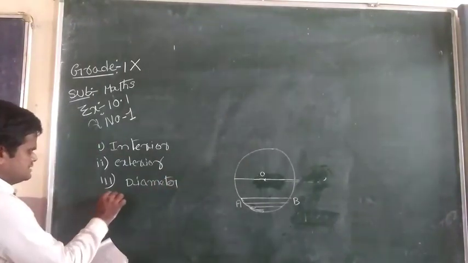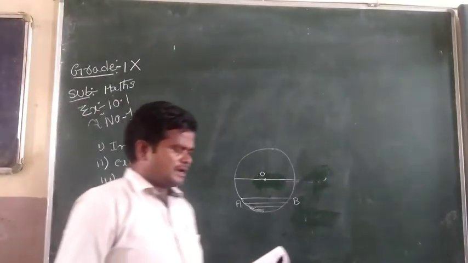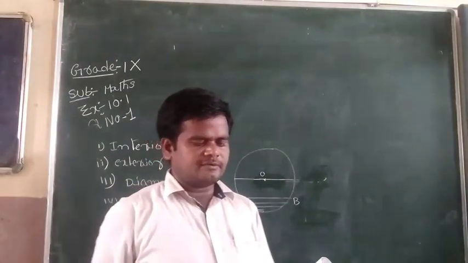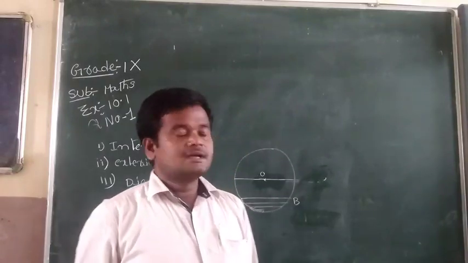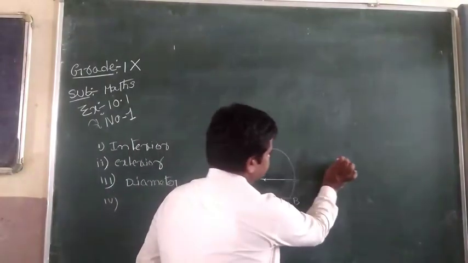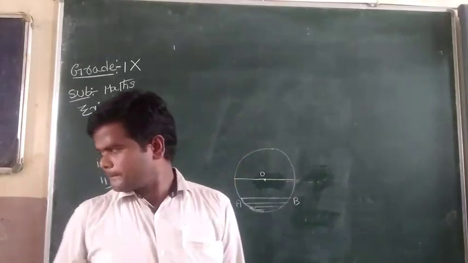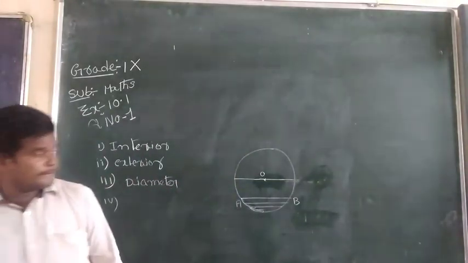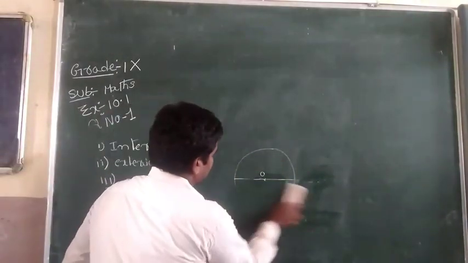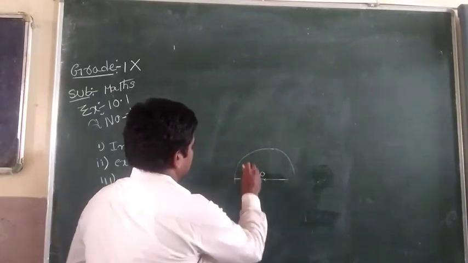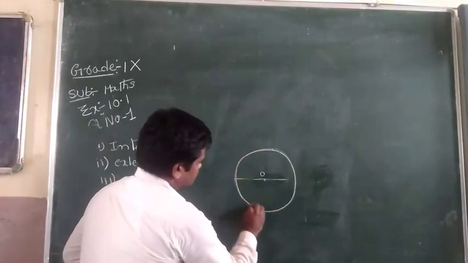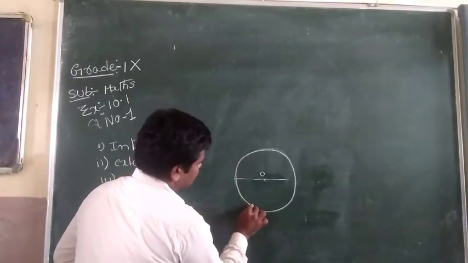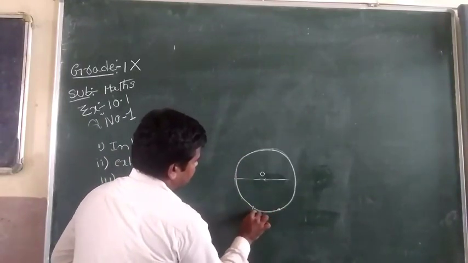The fourth one: an arc is a dash when its two points are the ends of the diameter. Here this is the circle, and this is the arc AB.